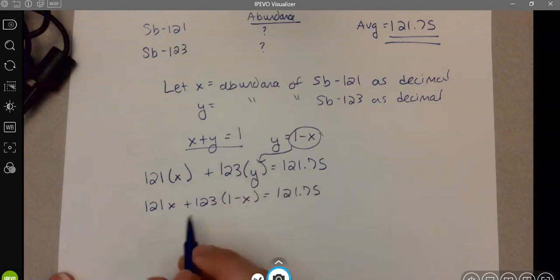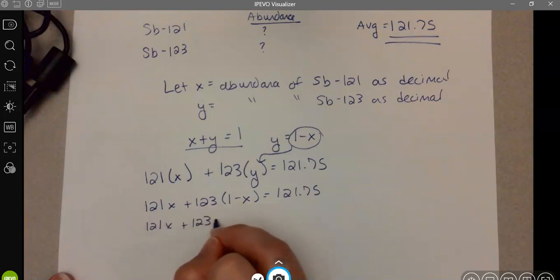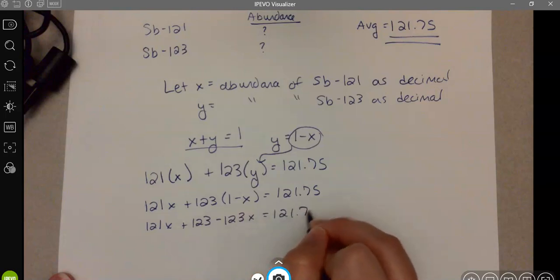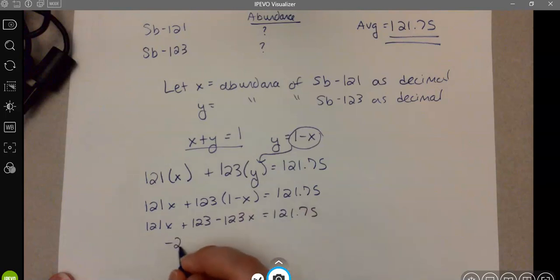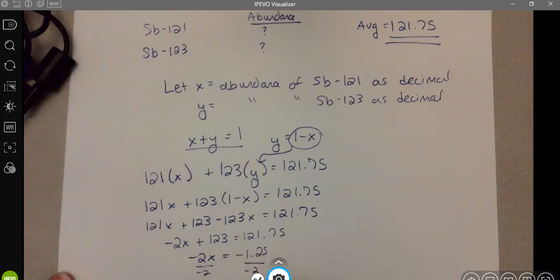Now I can distribute, collect my terms. And I get that x is equal to 0.625.